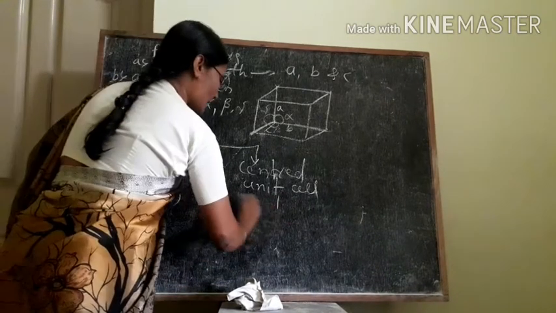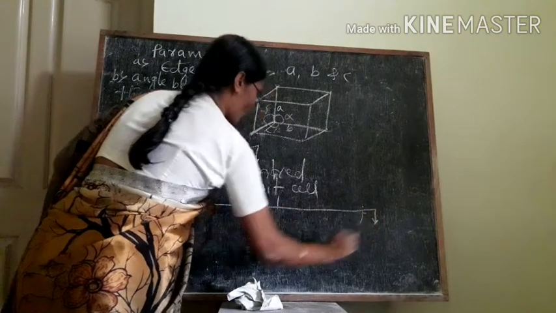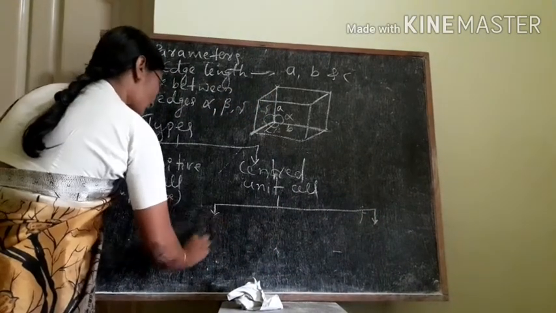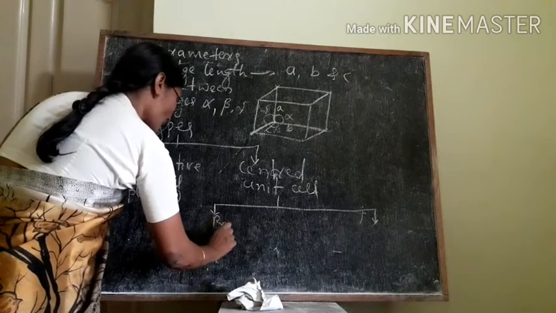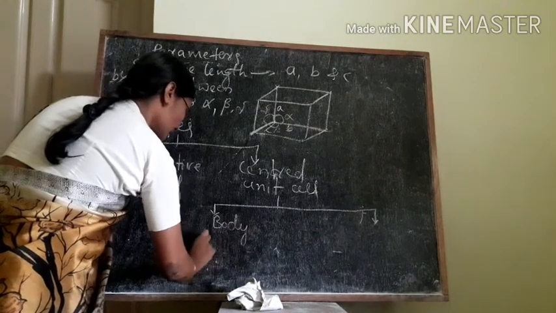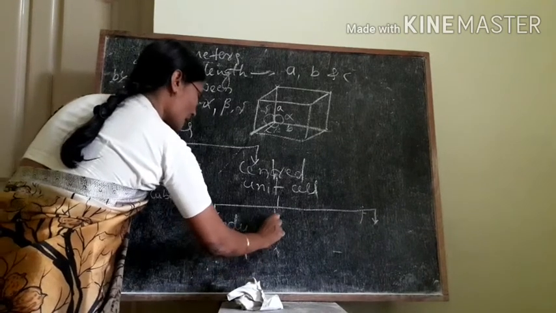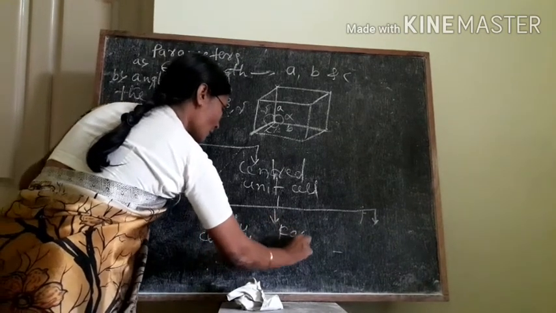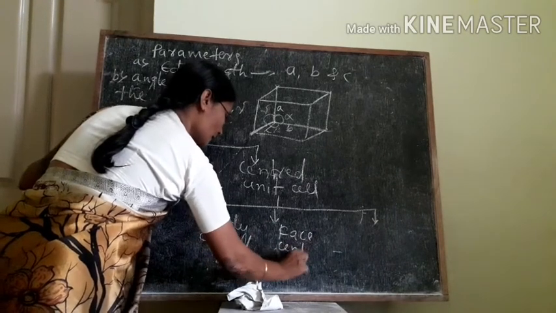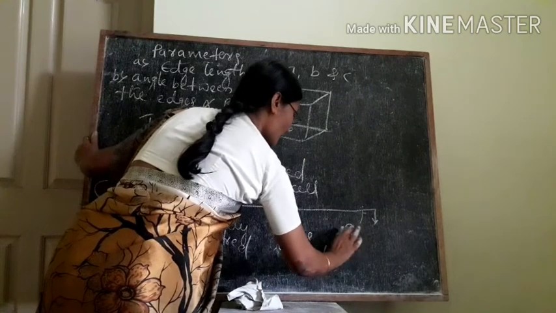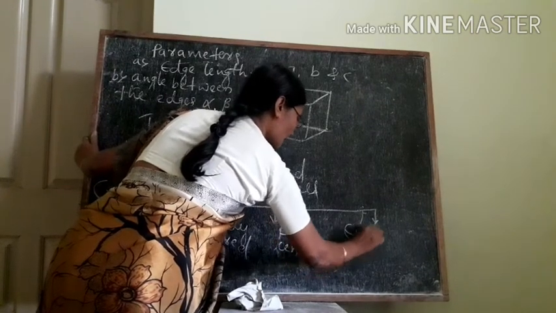Centered unit cell is again taken into different classes. One is known as body centered. Second is face centered. Third is end centered.